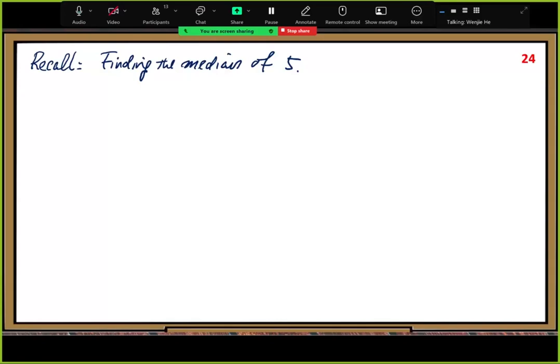So for the median of 5, we consider x1, x2, x3, x4, x5. We do the tournament method, so we pair x1, x2, and we assume x1 is the winner of the first comparison.